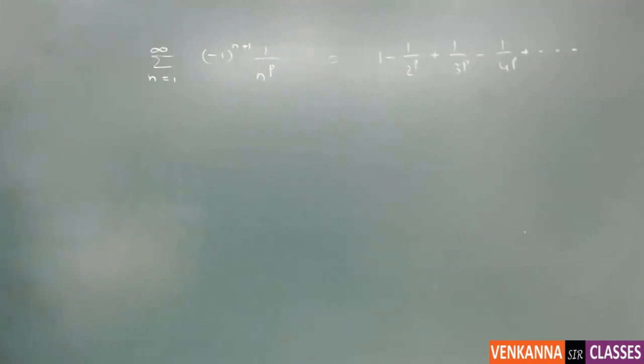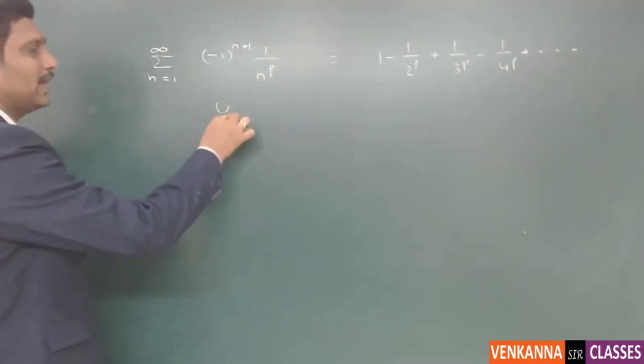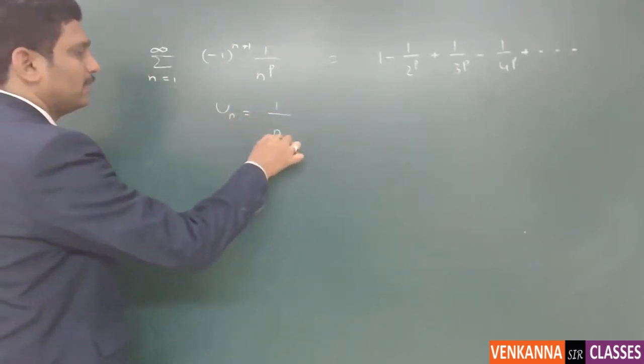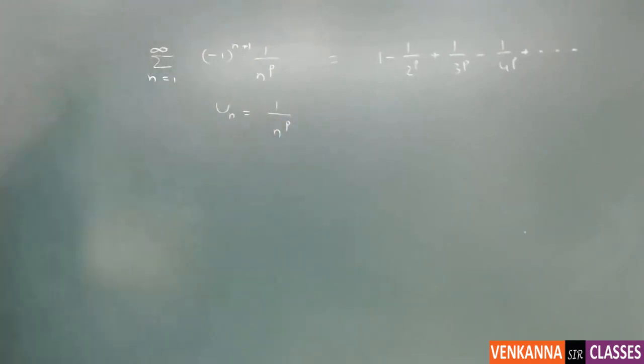Now, if you take the nth term, un is equal to 1 by n power p. Please understand one thing, that if you are checking for regular convergence, the nth term un will be written by excluding the sign. If you are writing for absolute convergence, then you write mod un.